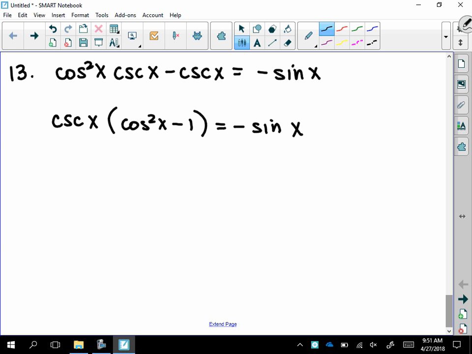Negative sine squared times cosecant, which is 1 over sine. And then you have negative sine left. Anything else through 16, 14?